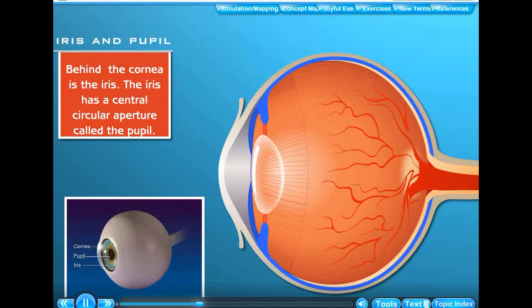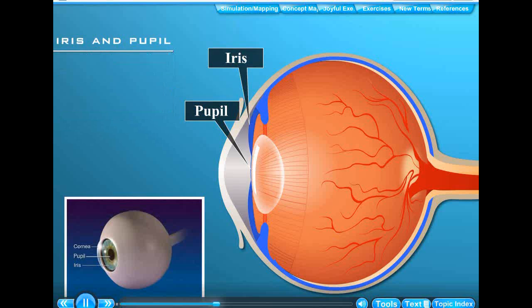Iris and pupil. Behind the cornea is the iris. It lends color to the eye. The iris has a central circular aperture called the pupil. The iris regulates the amount of light entering the eye by adjusting the size of the pupil in the following ways.